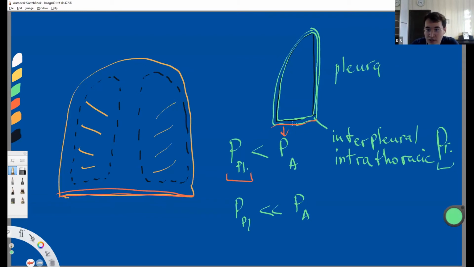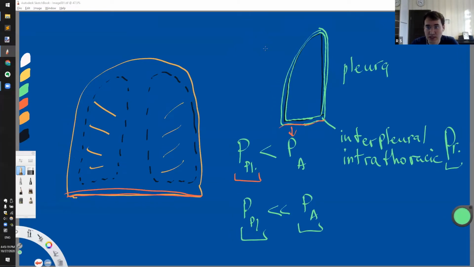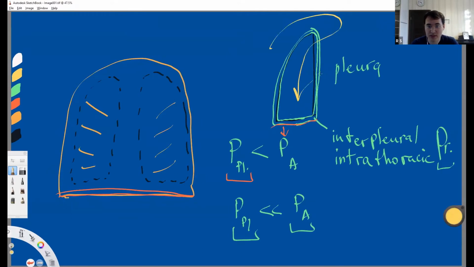So this difference in the pressure, between interpleural and atmospheric, will move the air, and the air will go from the outside inside our lungs, and it will expand all the alveoli, etc.